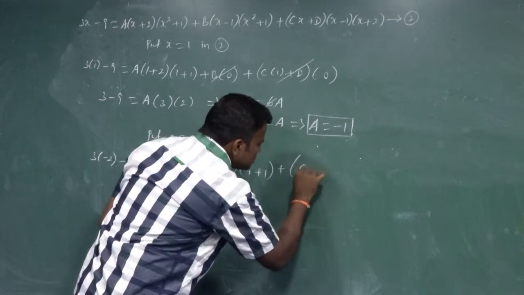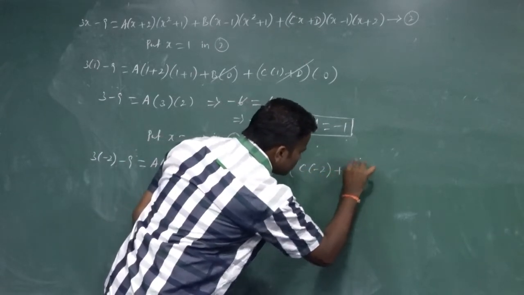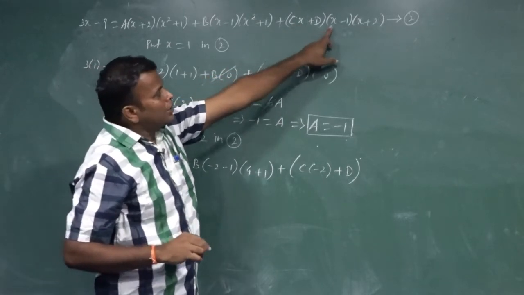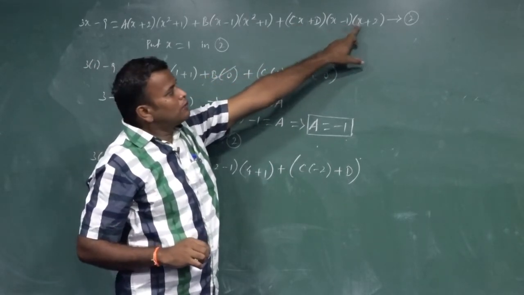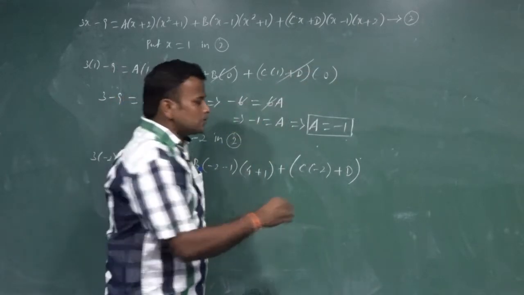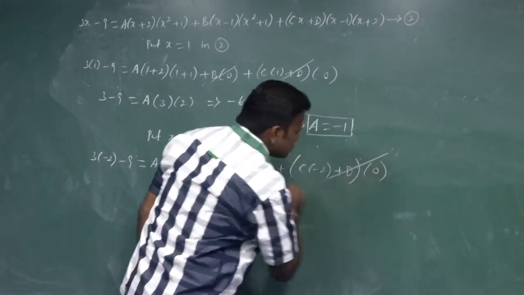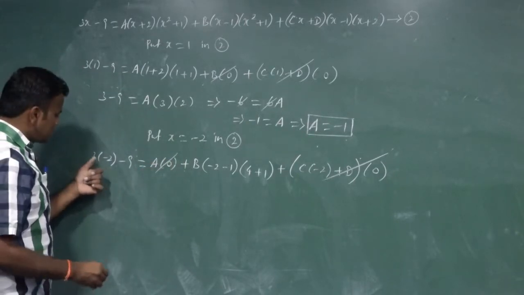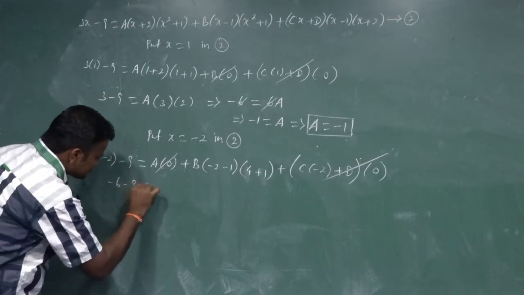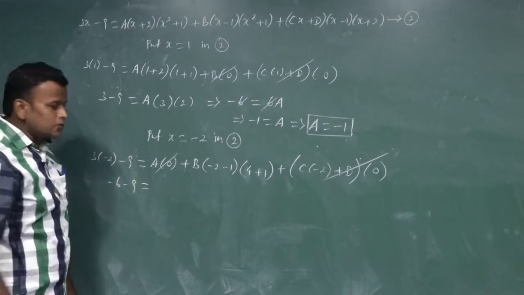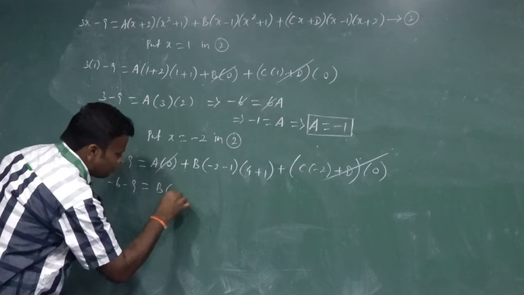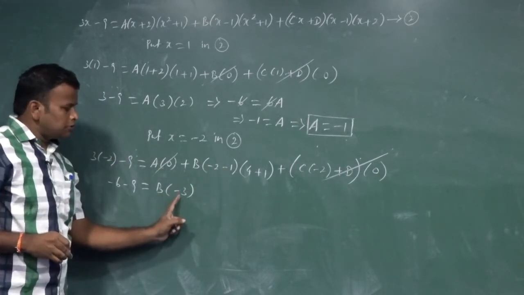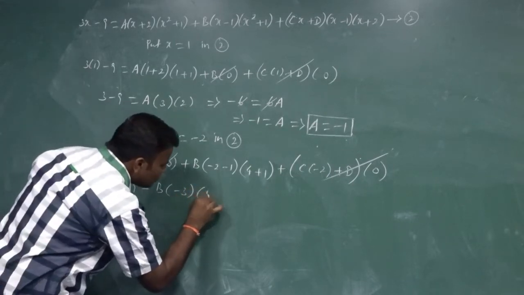Plus c of minus 2 plus d, c of the value of x is minus 2 plus d. Minus 2 minus 1. Here minus 2 plus 2 is 0. So this value is 0, and the first value is also 0. 3 into minus 2 is minus 6, minus 9, is equal to b of minus 2 minus 1 is minus 3, 4 plus 1 is 5.